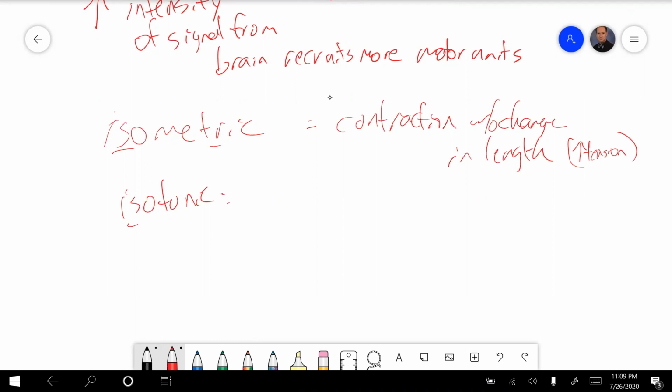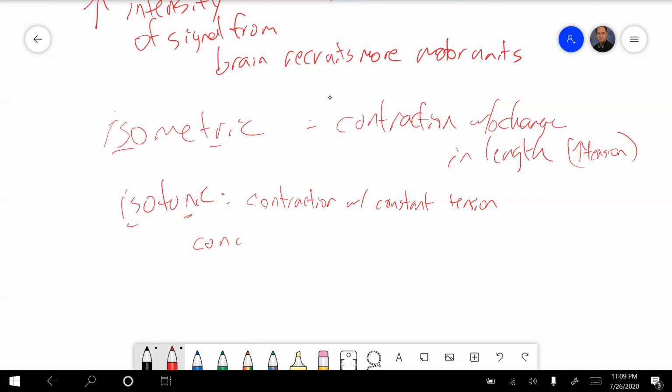Isotonic contraction, tonic is tension. So this is contraction with constant tension. And there are two types of isotonic contractions.